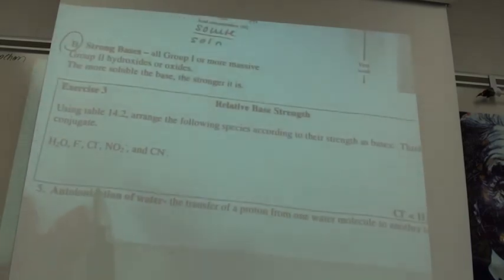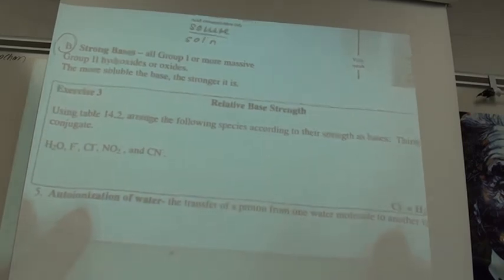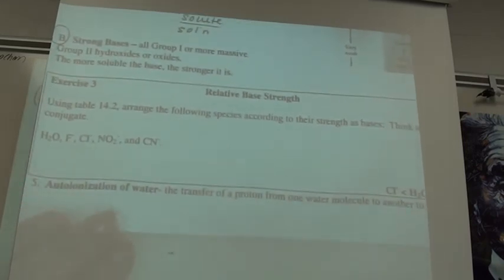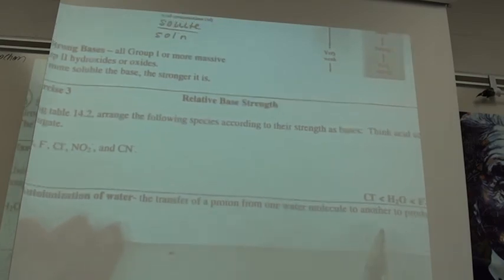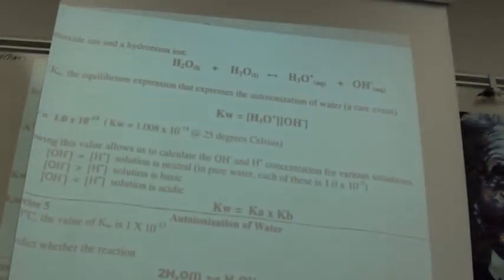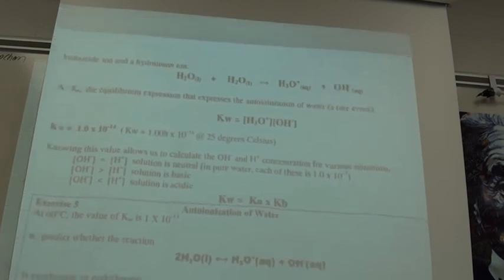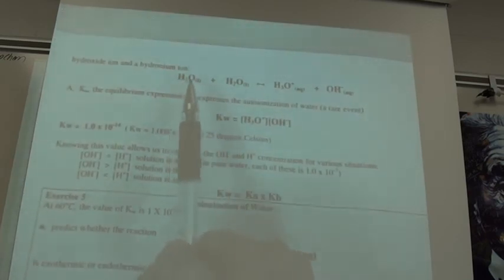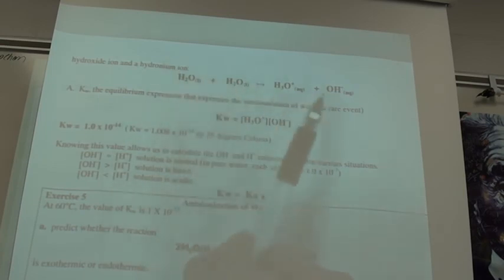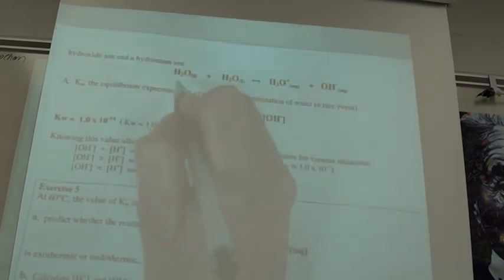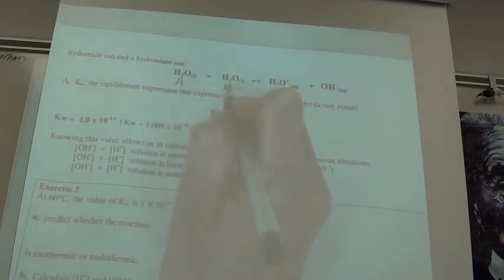And let's talk about the auto-ionization of water. What? The transfer of a proton from one water molecule to another? True, here it is, right here. So at any given time in your beaker of water, some of your molecules of water are doing Bronsted-Lowry acid-base stuff. And this is how they're doing it. Let's call this the acid and this the base.